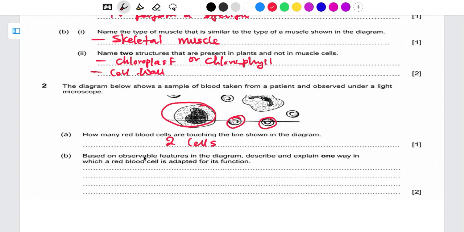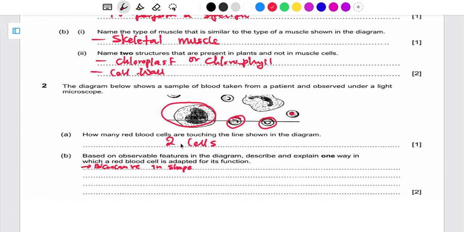Then based on the observable features in the diagram, describe and explain one way in which a red blood cell is adapted to its function. What you can see here, the one which I'm shading, is biconcave in shape.